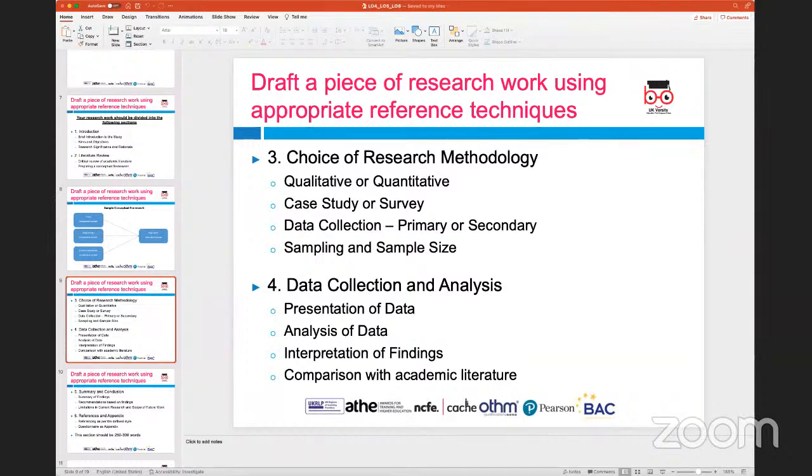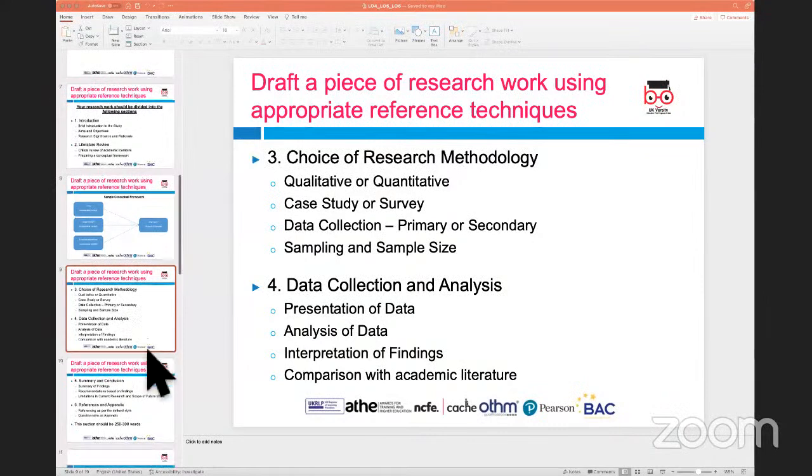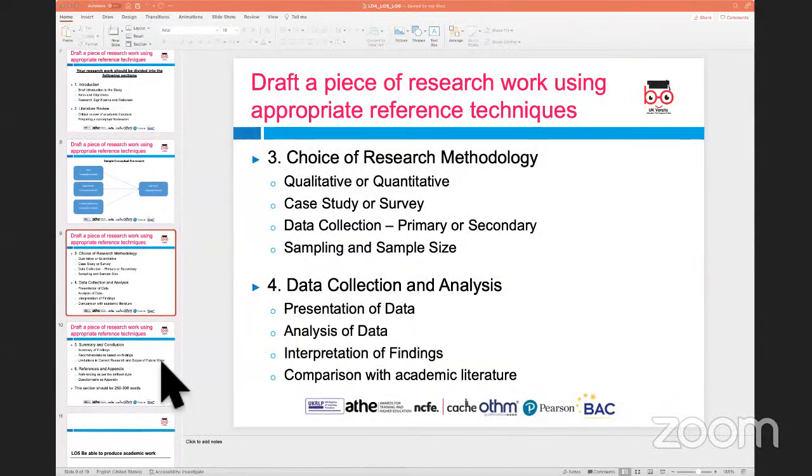And basically, that would mean that you are, say for example, collecting information from a lot of participants and then summarizing the numerical data into meaningful reports, charts and graphs, and tables that you will use to present the information uncovered, and that will come into your data collection and findings.